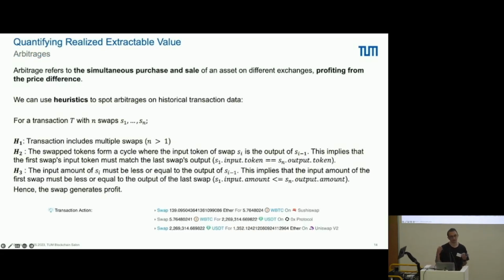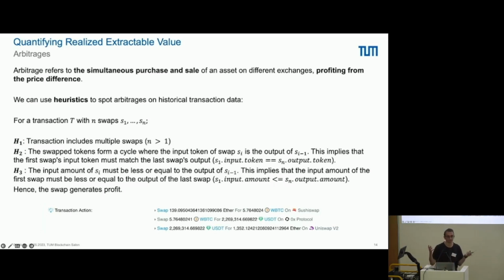The canonical way is, given a transaction with n swaps, there must be multiple swaps because otherwise it won't be an arbitrage. Then the initial token that you input must match the output token. And of course, the amount of the output token at the last swap must be greater than the first swap's input token, so that you make profits.